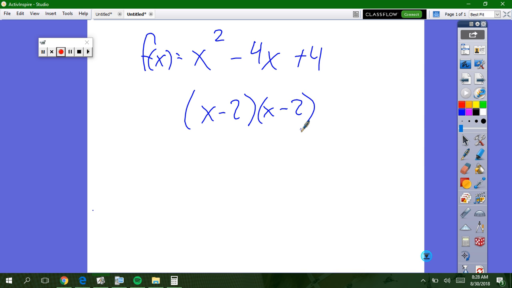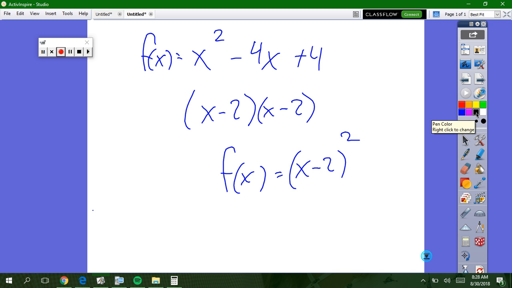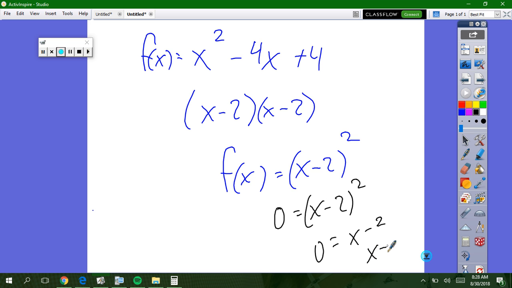Any questions there? Okay, so this is the exact same thing as above. What are the zeros of this polynomial? What makes this graph 0? I plug a 0 in for that, take the square root. Okay, x equals 2.